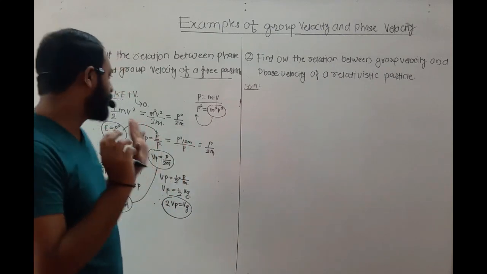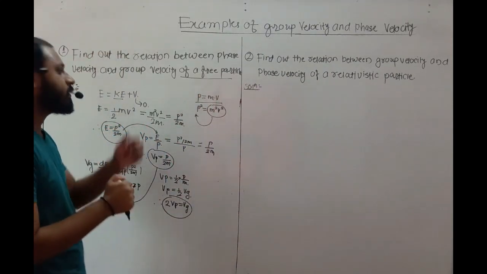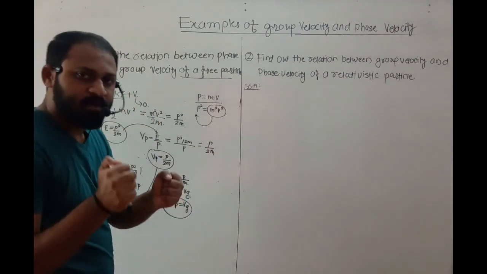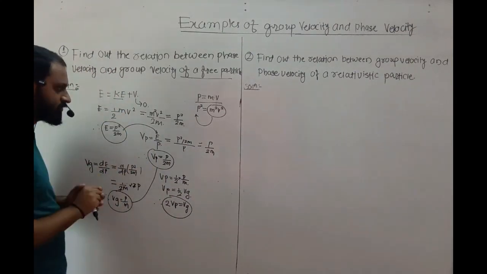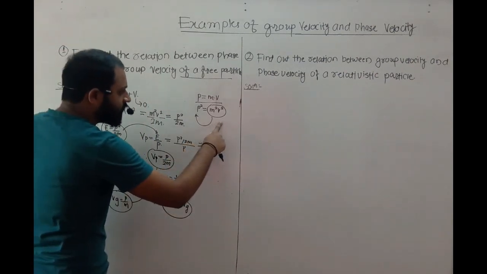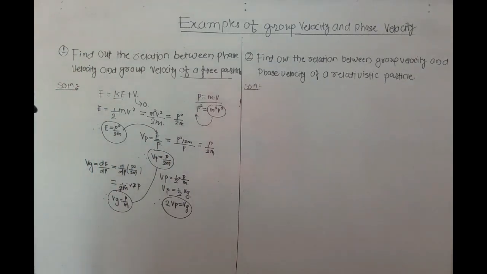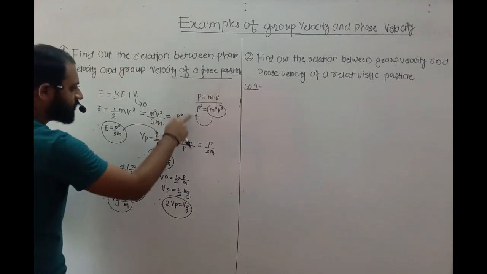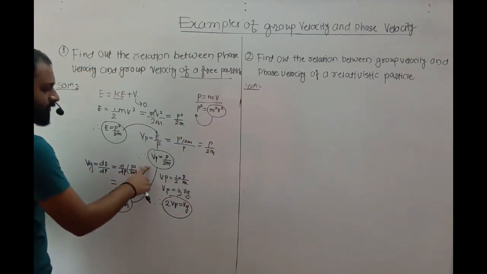Simple question. What they have given is a free particle. Now you understand that free particle means potential energy zero. A free particle has only kinetic energy. Then what is kinetic energy? Half mv square. Then I adjusted this, and in place of m square v square, I wrote p square. Then we have the relation Vp equals E by P. I put the value of energy here, and got the phase velocity.